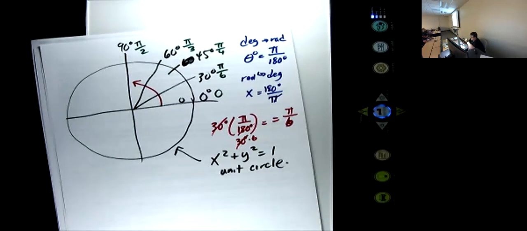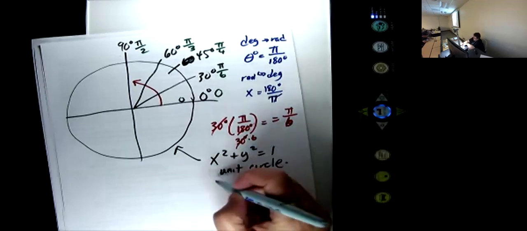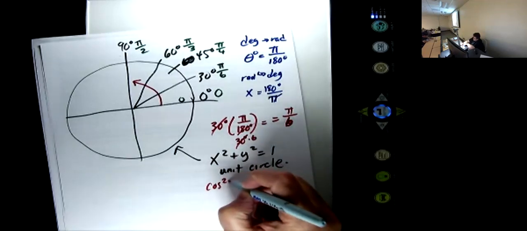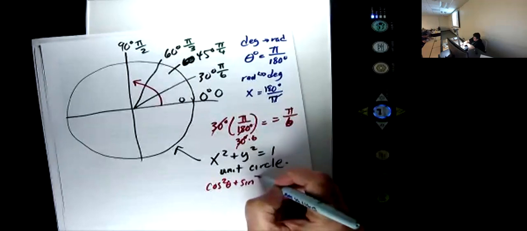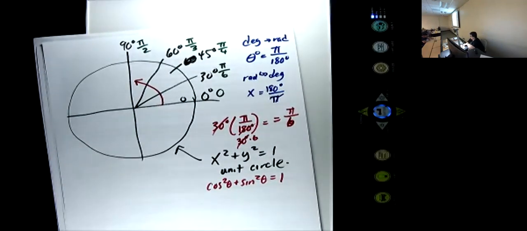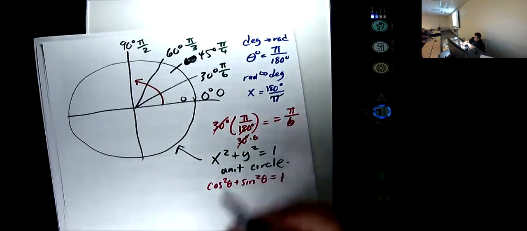The trigonometry equivalent of this is cosine squared theta plus sine squared theta equals 1. I'm cramming like a third of a semester of trigonometry into 10 minutes, so this is hopefully just a refresher.